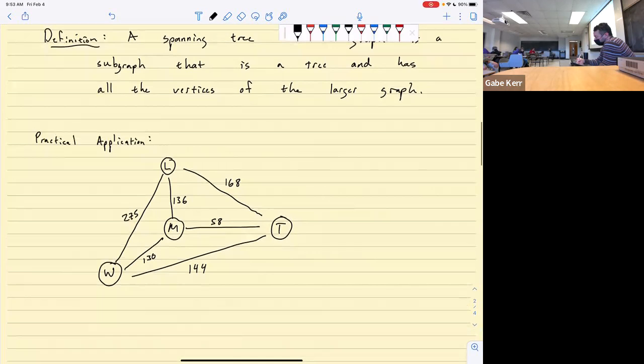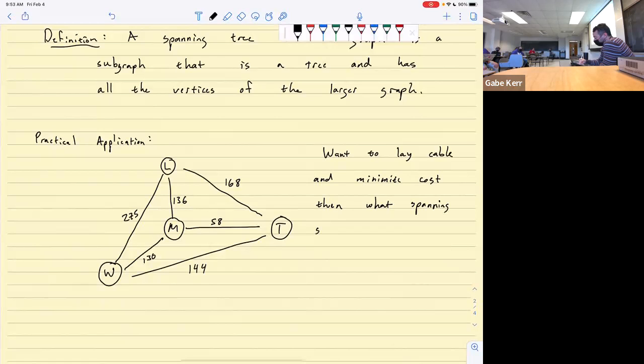So if you want to lay cable and minimize cost, then what spanning tree do we look for? How many edges, by the way, will we have in whatever spanning tree we find?